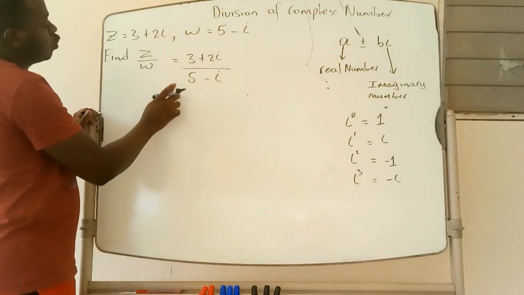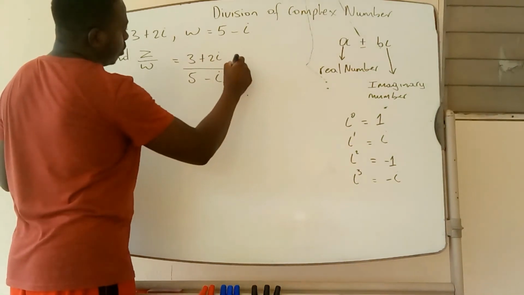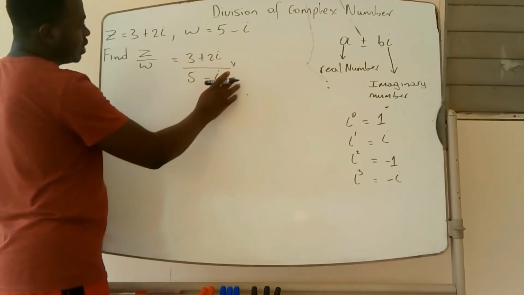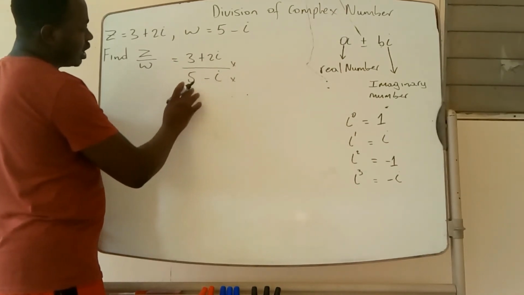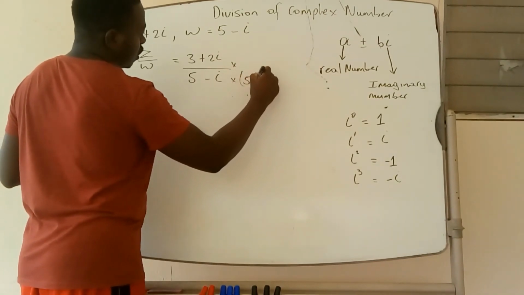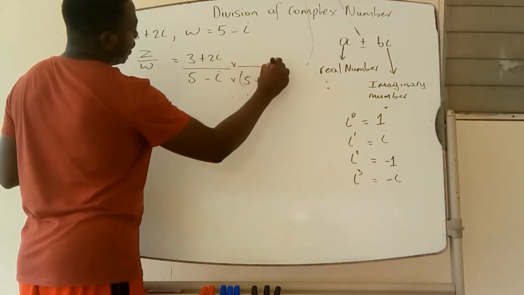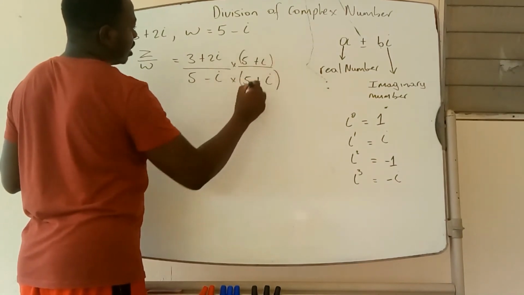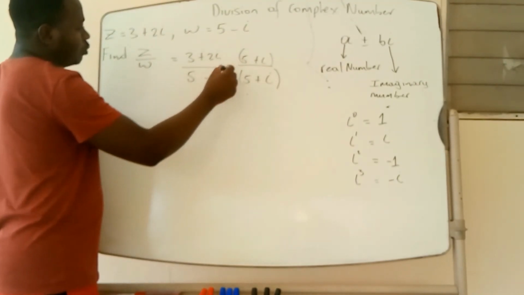Now, to divide two complex numbers, what we need to do is to multiply both top and bottom, or both numerator and denominator, by the conjugate of the denominator. So the conjugate of the denominator here is going to be 5 plus i. And we need to multiply the numerator by 5 plus i, which is the conjugate of the denominator. Right? Now, I put a bracket here as well.